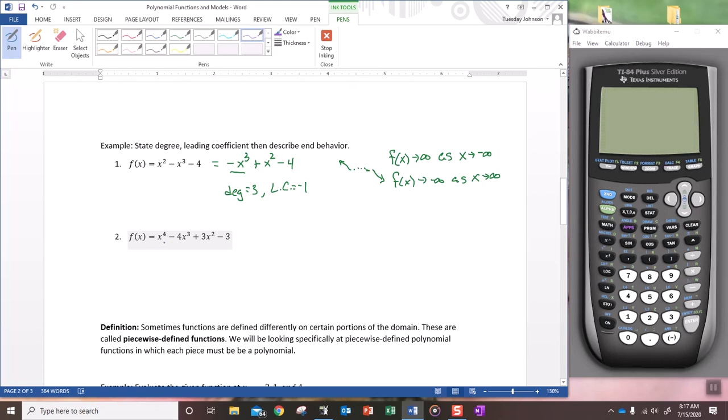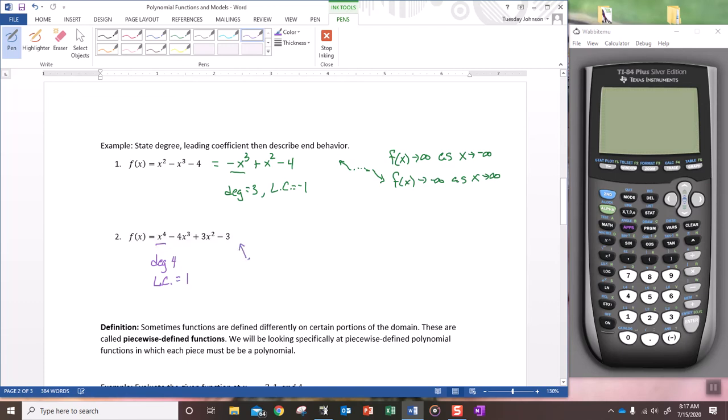This function is already written in descending order. So x to the 4th is our leading term. So we know we have degree 4, which tells us both ends finish in the same direction. Our leading coefficient is 1, an unwritten 1 in front of the x, because it's positive.